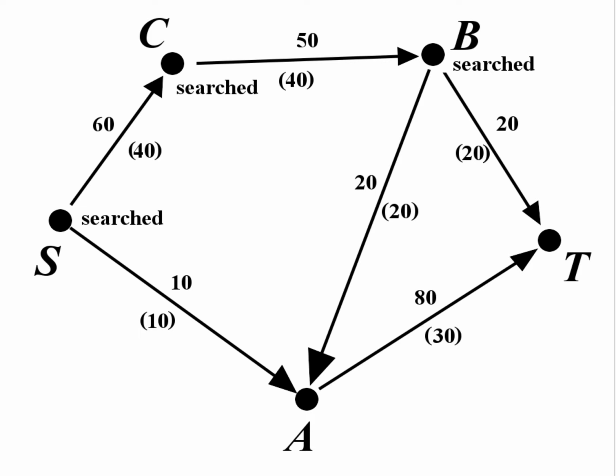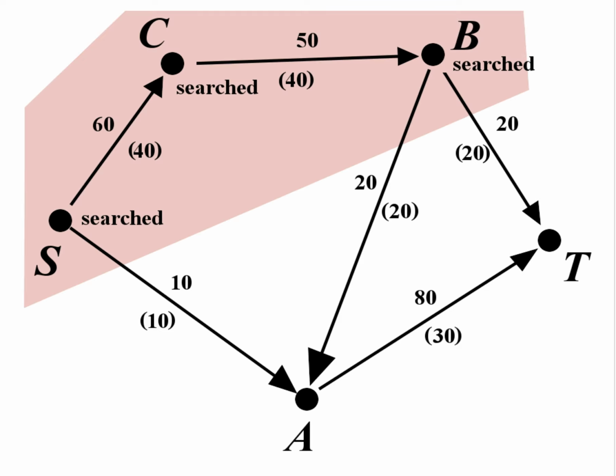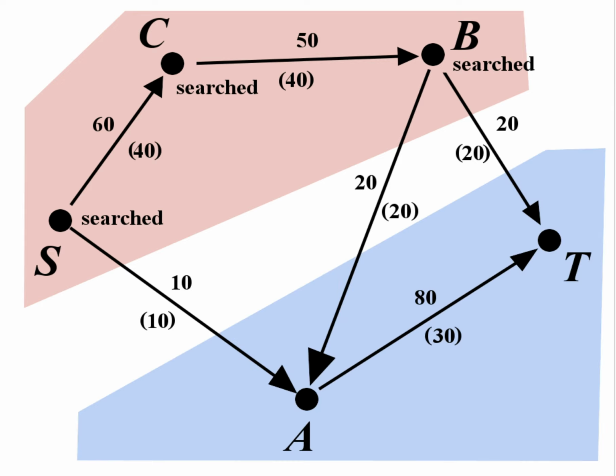The vertices that are labeled searched form the red set. Everything else forms the blue set. The capacity of this cut is 50, the same as the value of the maximal flow, and this is the end of the algorithm.